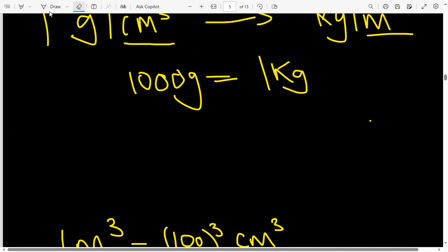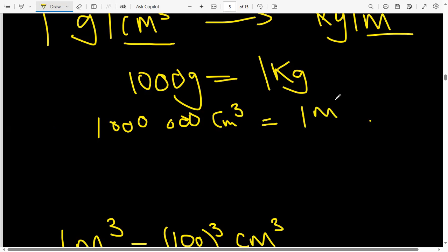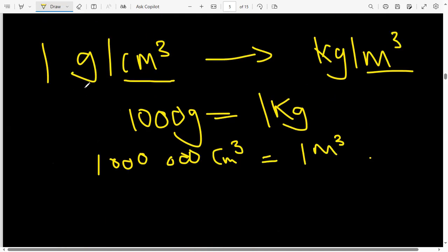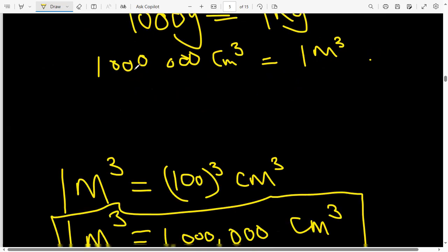So that conversion factor that we've found by ourselves says 1 million cubic centimeters is the same as 1 cubic meter. Okay, so now we have the conversion factor of this to that, and the conversion factor of this to this. So we can convert them now.